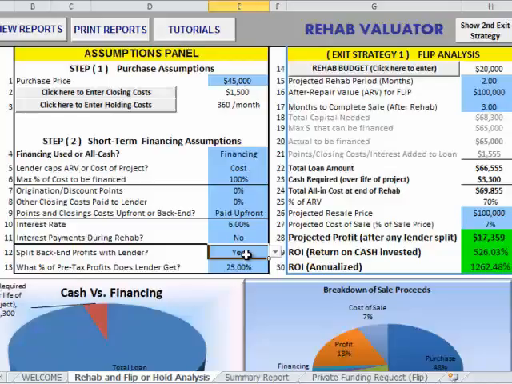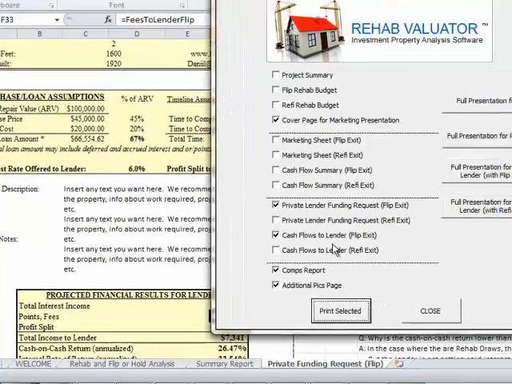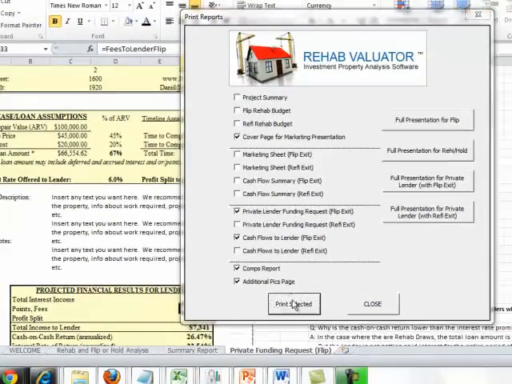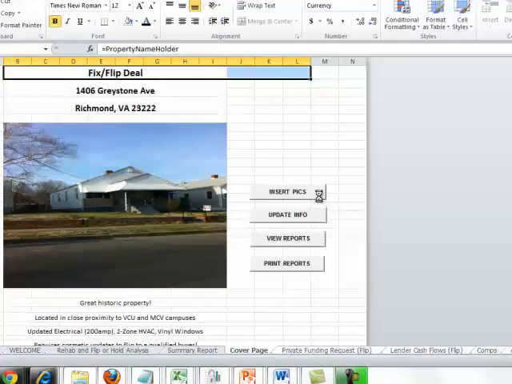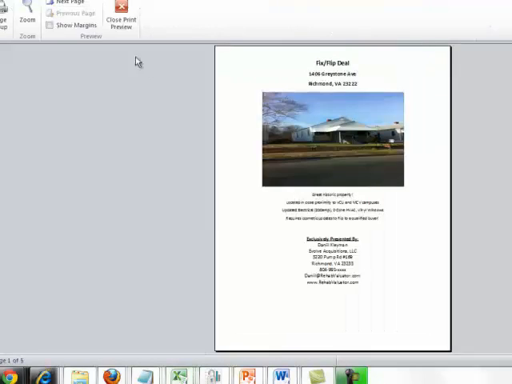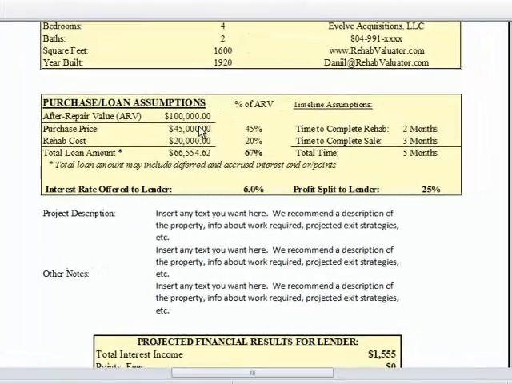And if we go to our private funding request, this is what it looks like. And so cover page, and this is the funding request. Look, you're saying, again, I'm only borrowing 67% of the value of the property once renovations are finished.